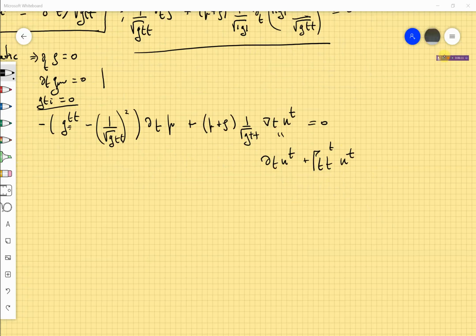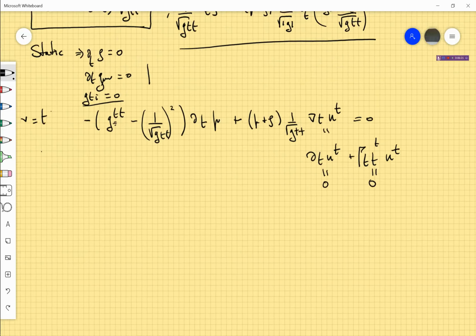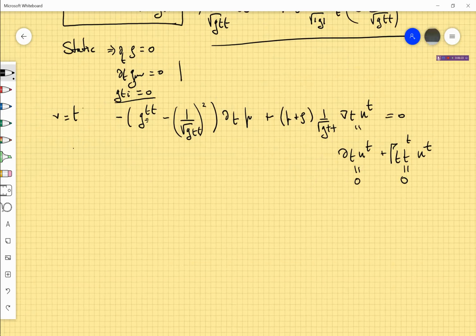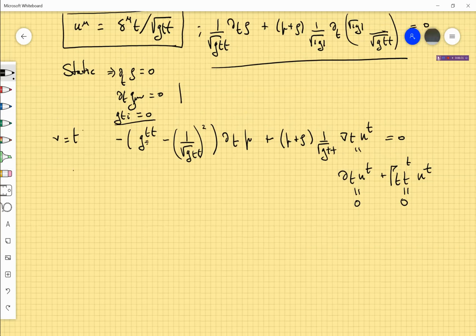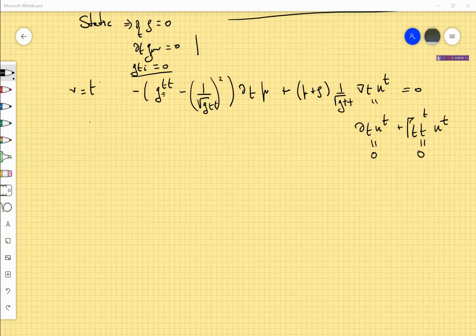And well, for a static metric and for a static fluid, this is going to be 0, and this Gamma is 0 because we computed it before. The conclusion is that this equation is automatically satisfied also when the fluid is static and the gravitational field is static. Well, so far so good.